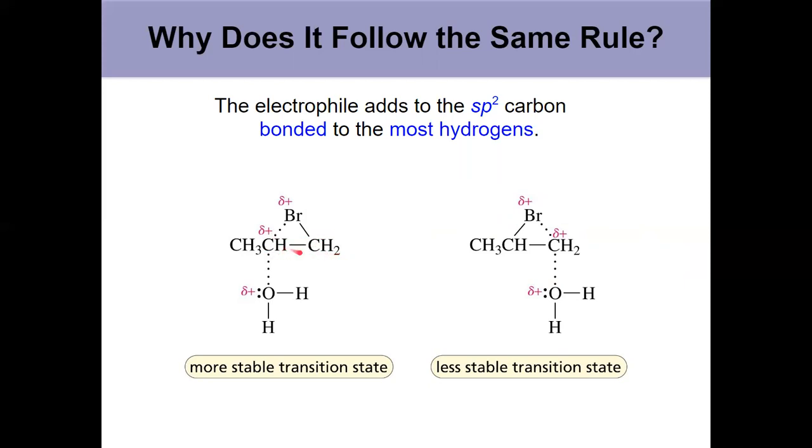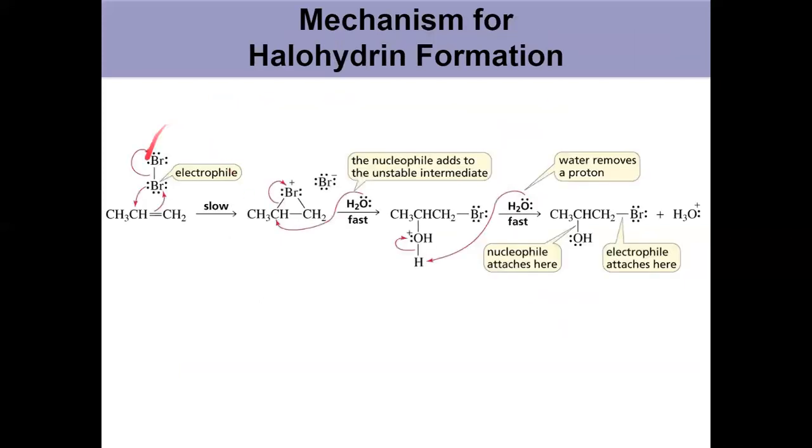CH2 versus CH here. This is the one that ends up with bromine, because bromine was the electrophile, because that gives me the partial positive on the more substituted carbon, and therefore the more stable transition state. So notice, the carbon with more hydrogens is the one that ends up with bromine, and the other one gets the OH, if you're forming a halohydrin.